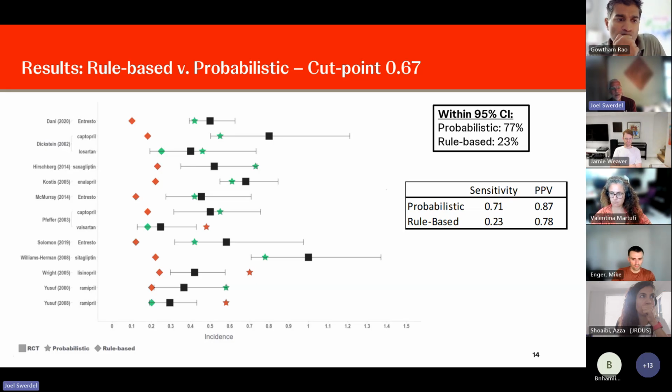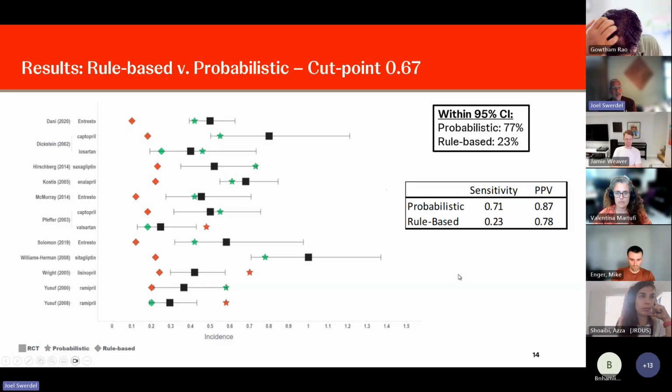One of the things that we did find was, like I said, better sensitivity and positive predictive value for the probabilistic compared to the rule-based. The other thing that we did find is that this was taking all comers for the rule-based.